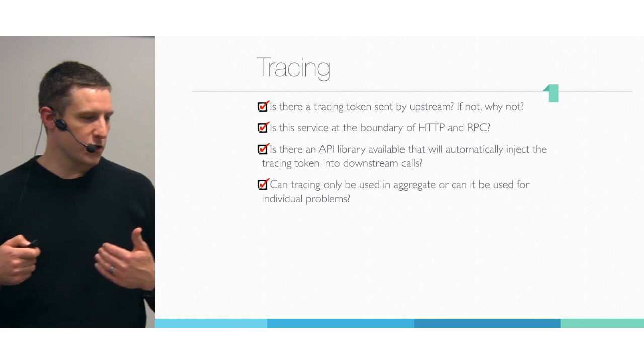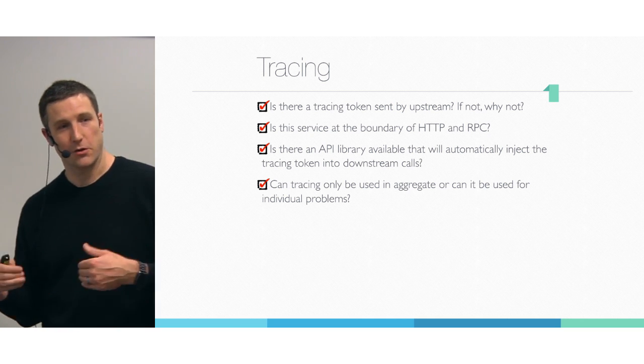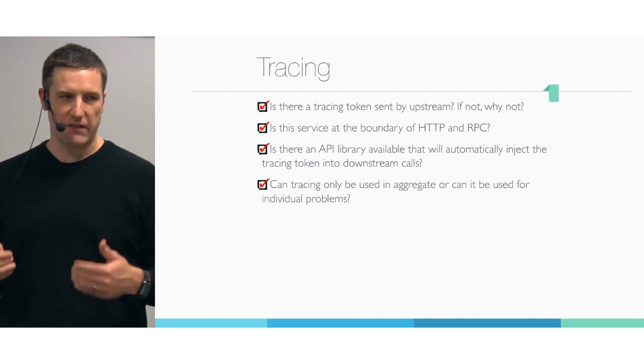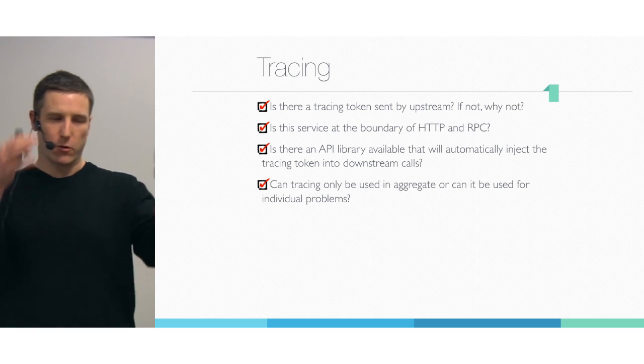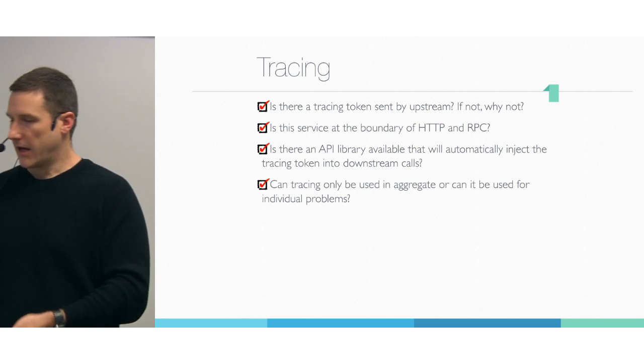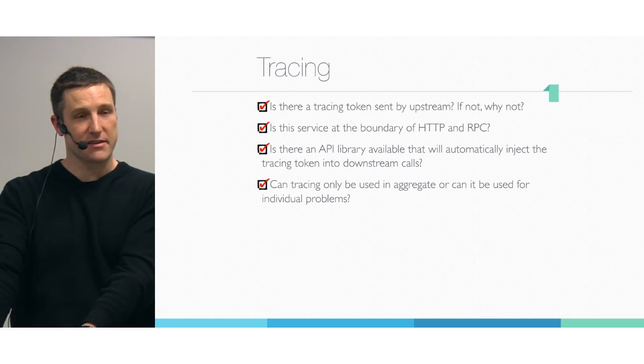When you have a tracing library that you have selected, however, you need to make sure that that tracing token gets included in all requests. And this is an interesting convention/technical problem. You have an organization that's standardized on tracing technology A, and you have client libraries that are just going to make HTTP requests and not pass this along.